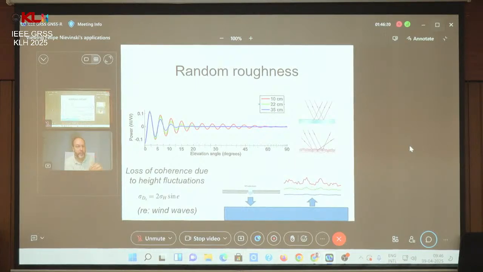So you still get mirror-like reflections from a rough surface at a low elevation angle. However, you may get an altimetry bias because the reflection is no longer at the surface average position, but is biased. So keep that in mind.